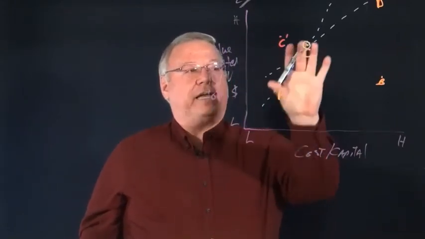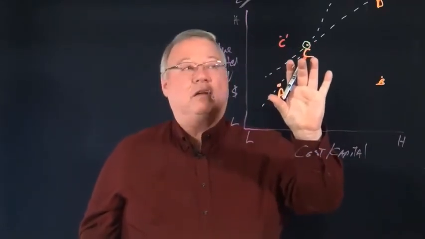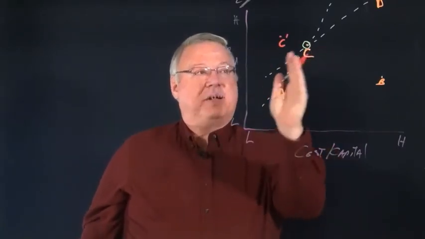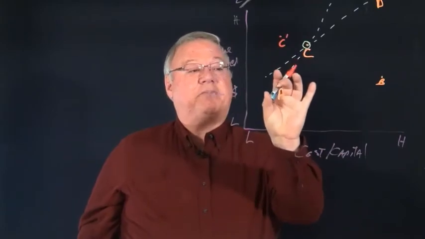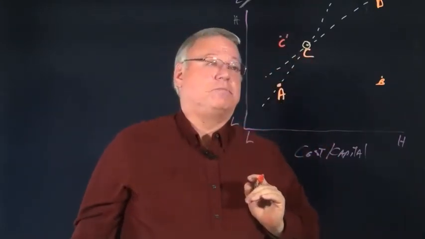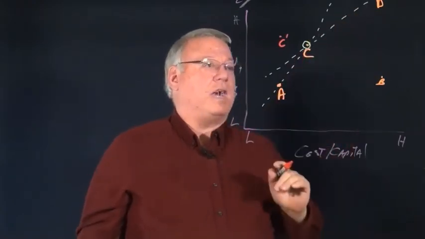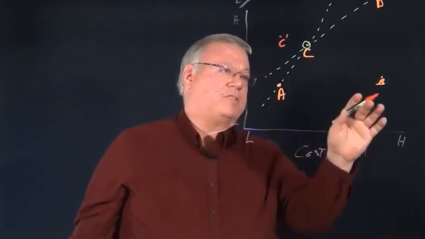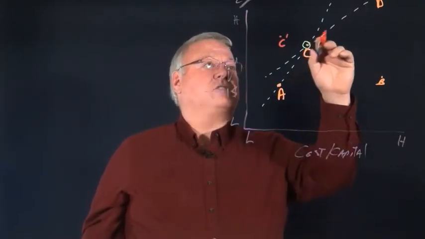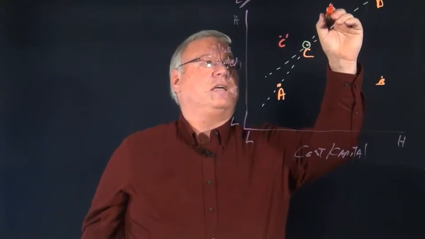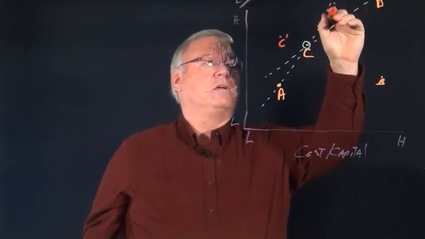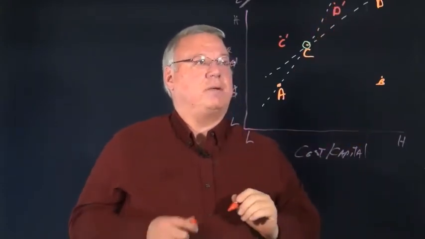C prime is a hybrid of C and A, which has, because I'm not spending as much as I would have on C, but I'm getting the value from A, turns out that I'm up here. I can also do a hybrid of C and B, but let's do a hybrid of C and D, and it turns out that that one is, let's say, right here. And that's D prime.